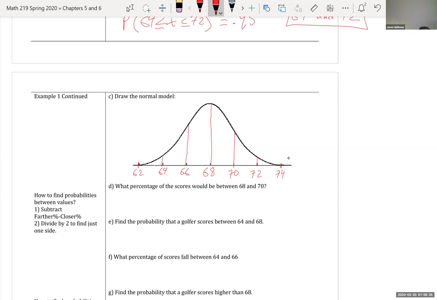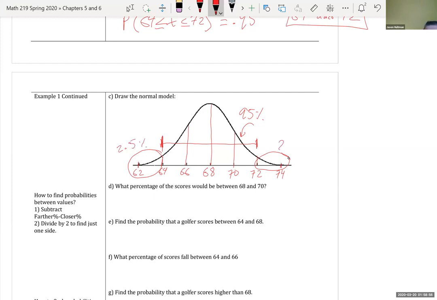One thing I want to emphasize here is that if these values from here to here are 95%, then the values on the tails have to add up to 5%, which means each of them is 2.5%.